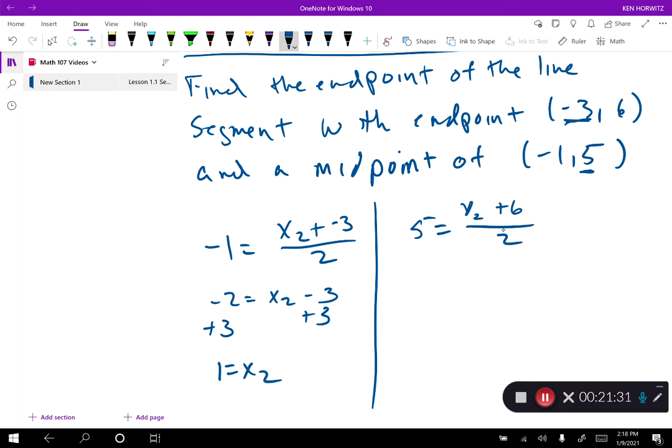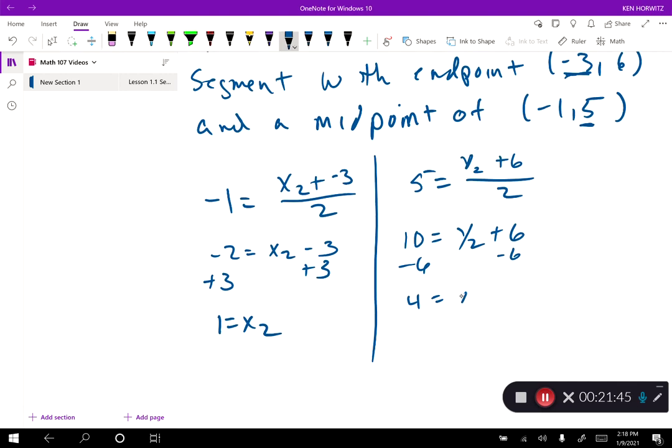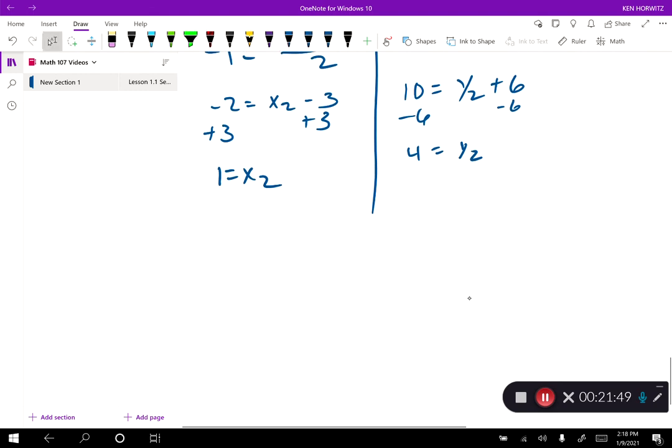Now I'm going to multiply both sides times 2, and I get 10 equals y2 plus 6, and then I subtract 6, and I get 4 equals y2, and hence my midpoint is 1 comma 4.